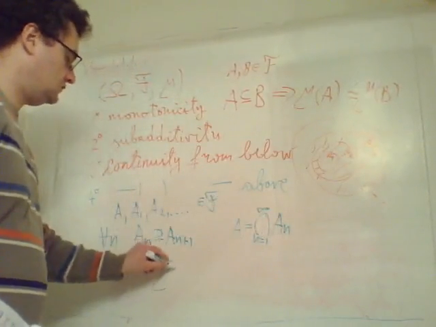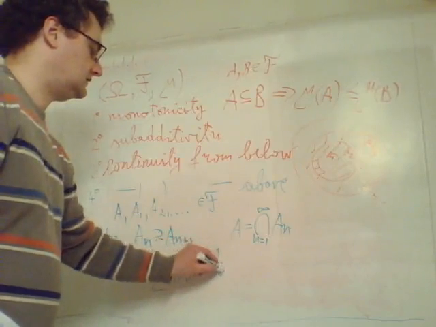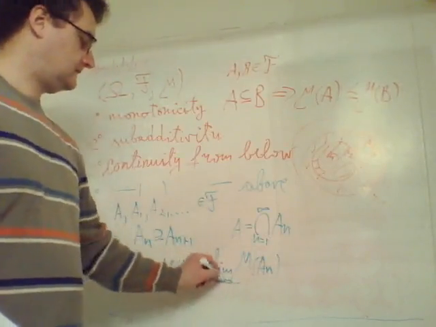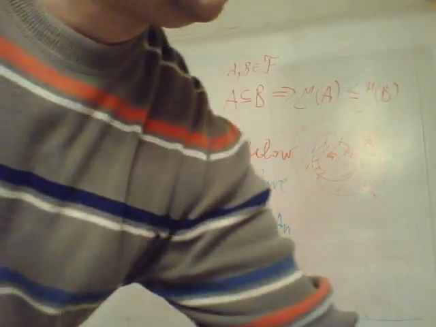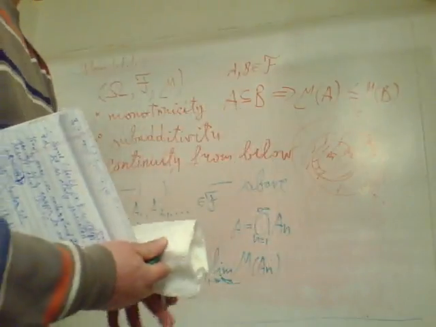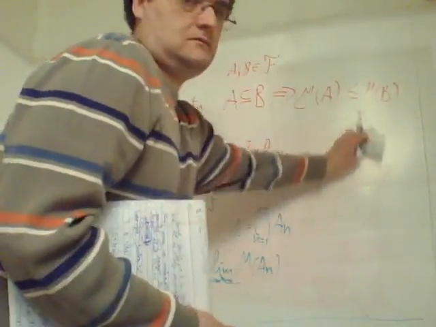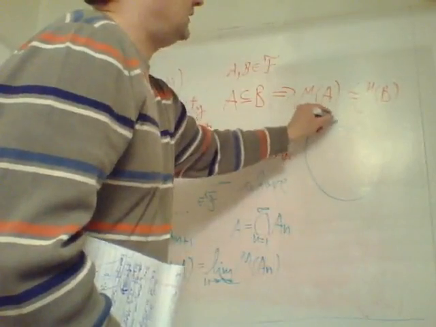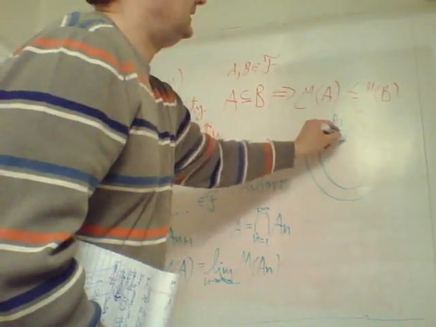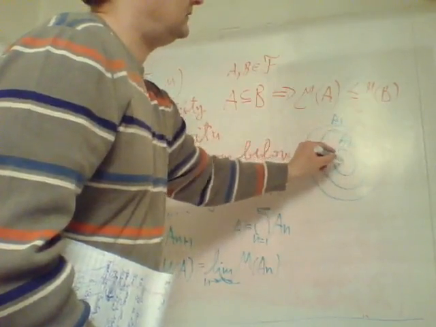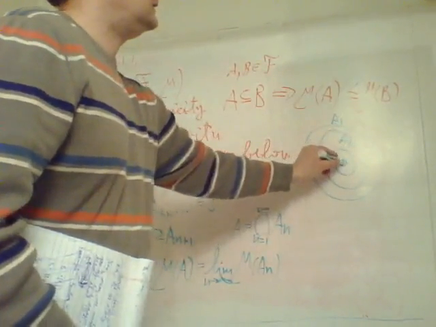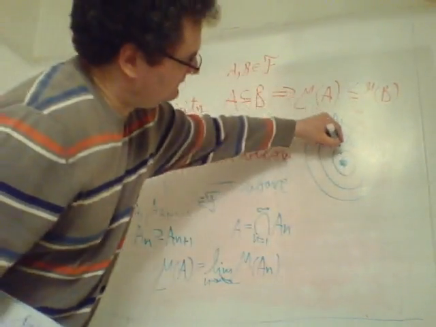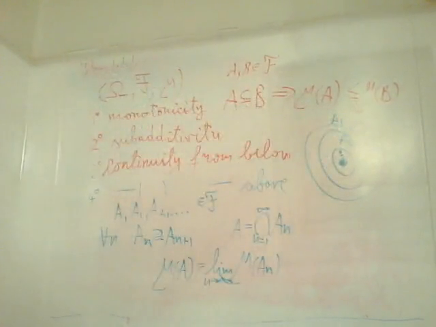Well, then mu of A is the limit of mu of An's when n goes to infinity. Why is it so? Again, a picture helps a lot. We have A1 and then A2 and then A3, and so on, and this thing here is the intersection of all these. We have dots because there are infinitely many of them.